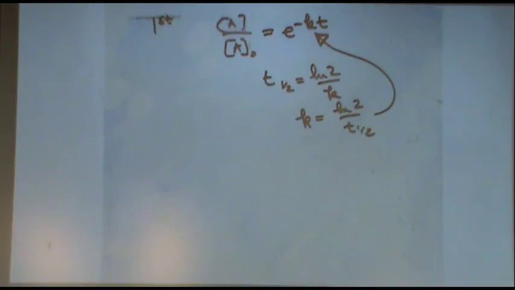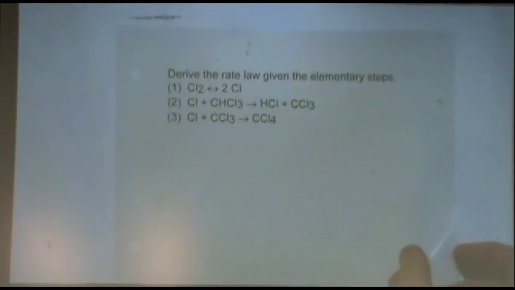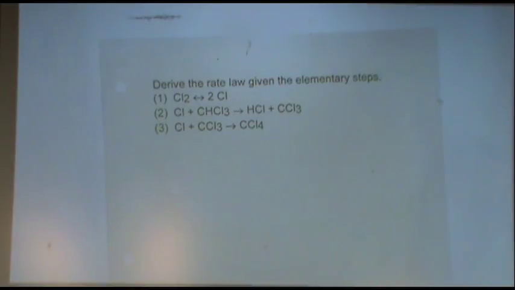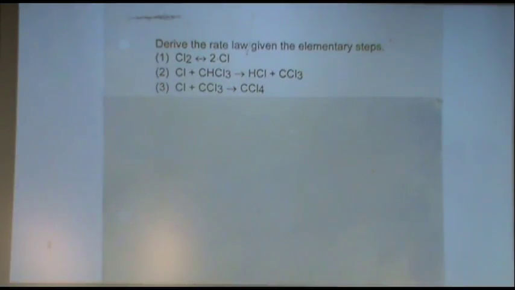Yeah, this one. It's a harder one, is that okay? Okay. You don't know it's a harder one yet, but you'll find out in a moment.